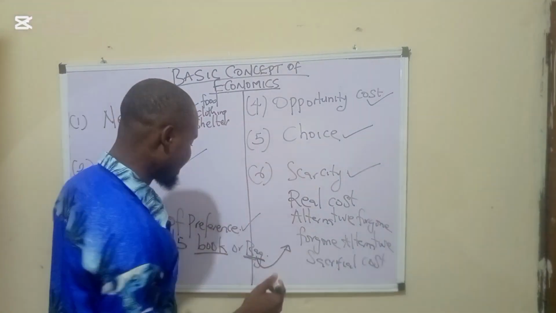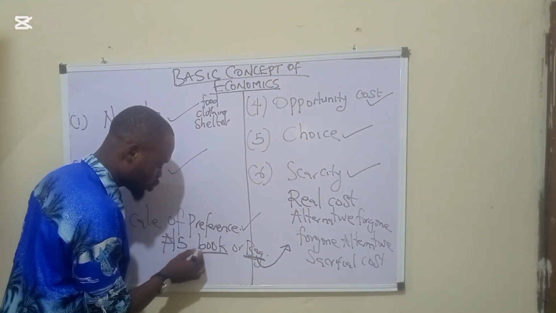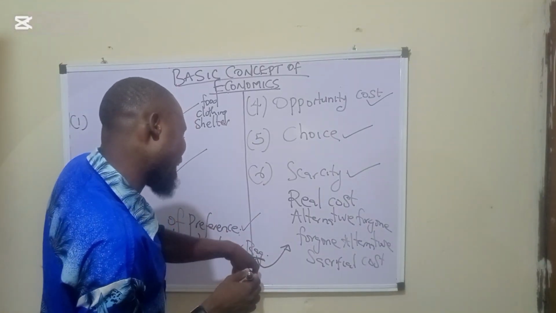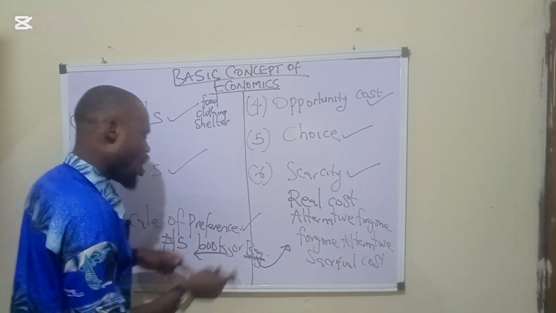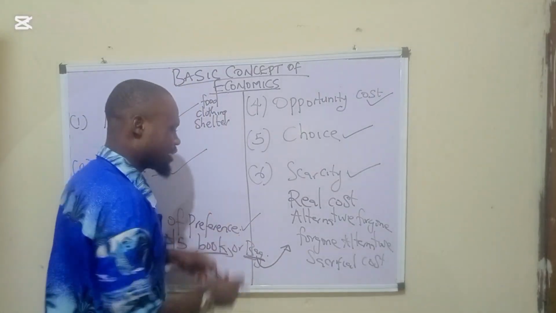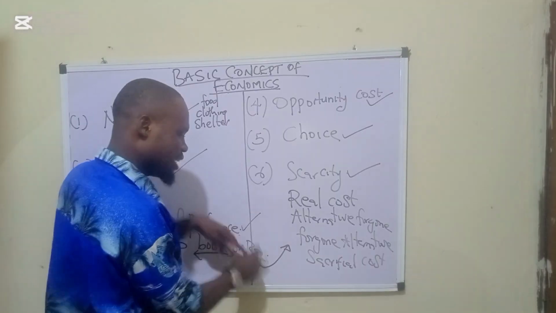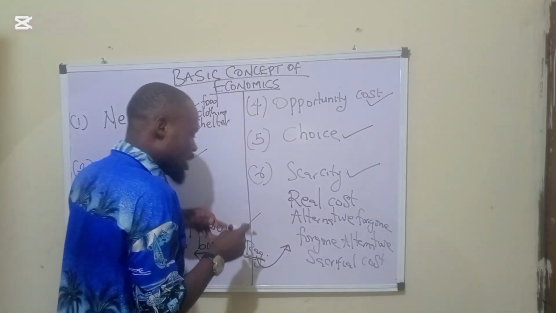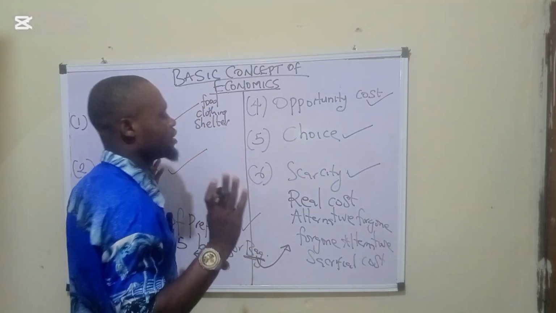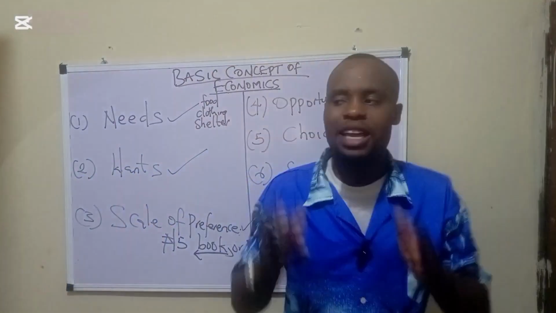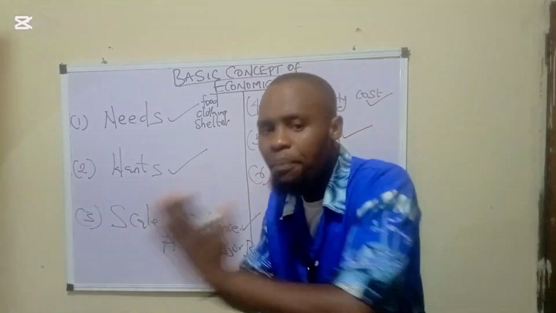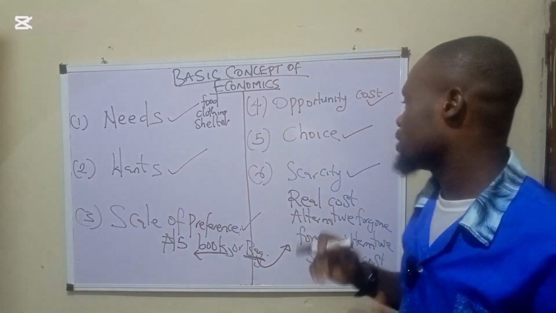At that particular time, the pressing item was the book. So the opportunity cost is the bag. The real cost is the bag. The alternative foregone is the bag. The foregone alternative is the bag. The sacrificial cost is the bag. So opportunity cost is the alternative foregone after purchasing the more pressing item. Take note of that.